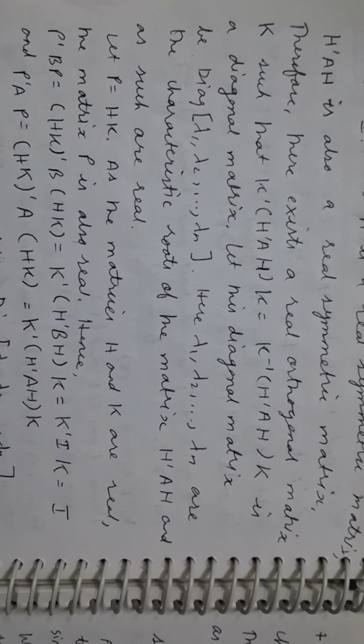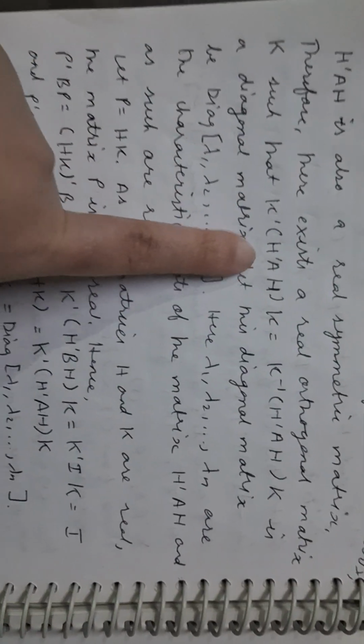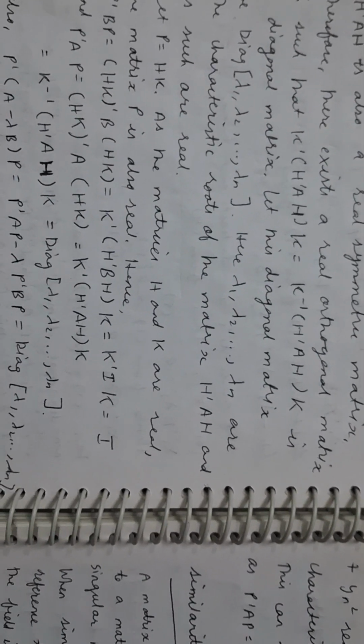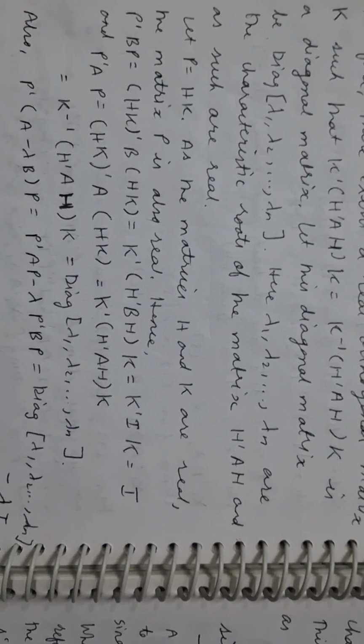Therefore, there will exist a real orthogonal matrix K such that K transpose H transpose AHK is equal to K inverse H transpose AHK, and this is a diagonal matrix. Here lambda 1, lambda 2, lambda n are the characteristic roots of this particular matrix, and these are therefore real.